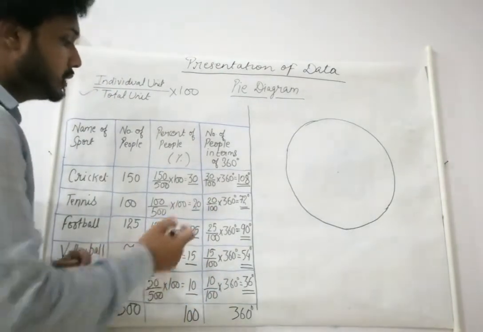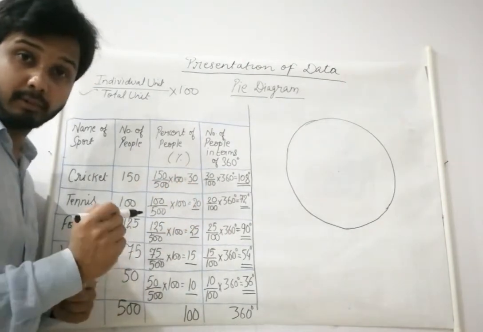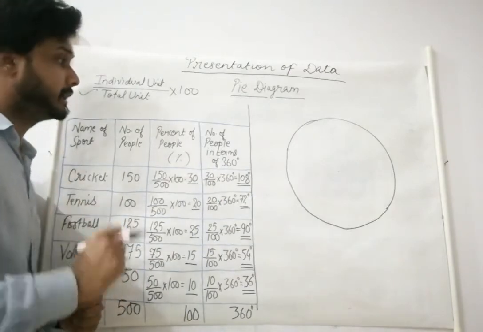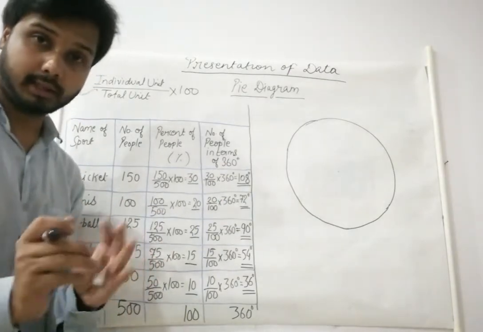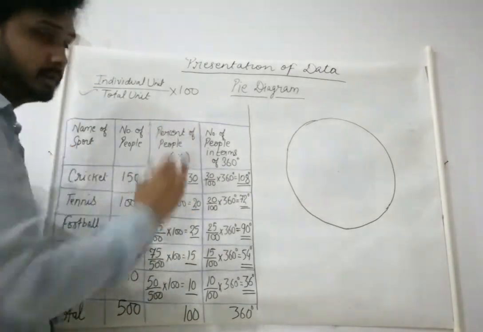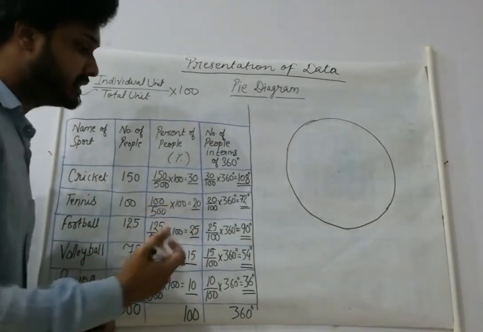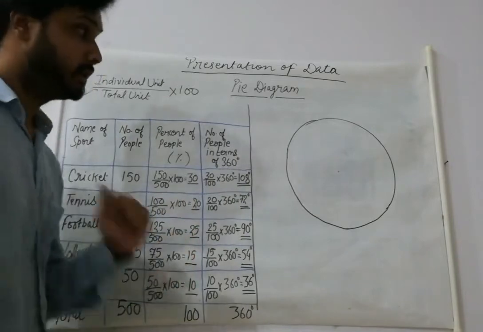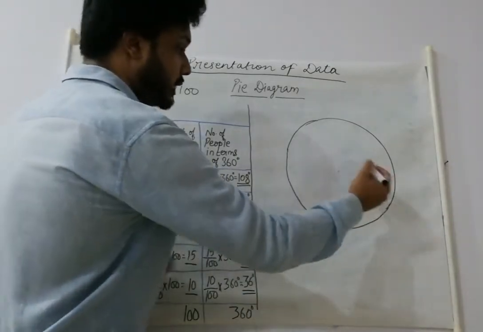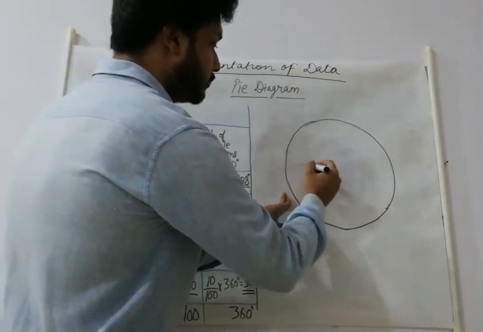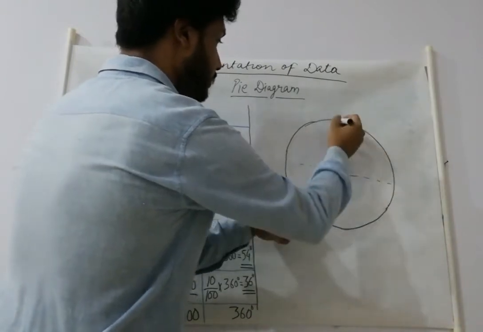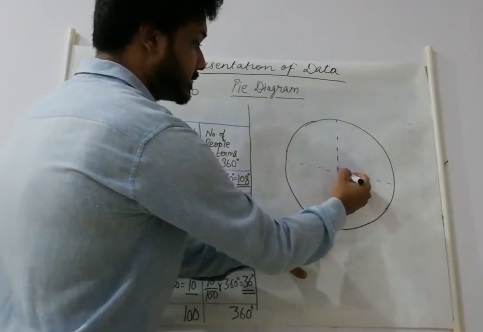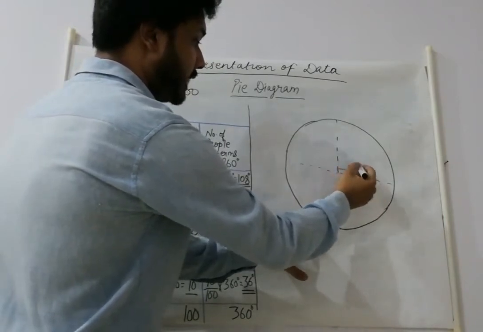Now as we have got the information in percentages, we can easily convert this into degrees. To convert it into degrees, students, the formula will be the same, but what will change is that the total of degrees is 360 degrees. When we divide this circle into 4 parts like this, each division forms an angle of 90 degrees.